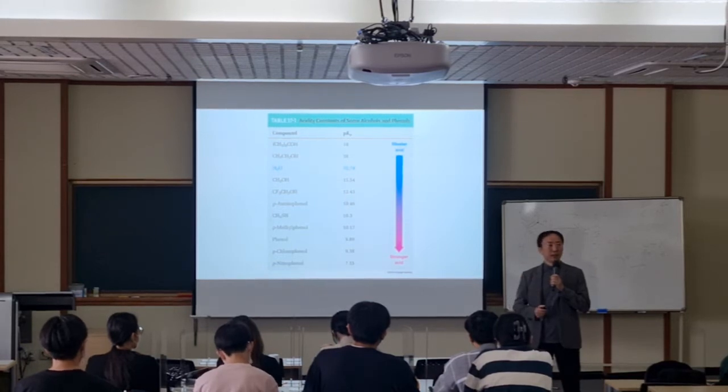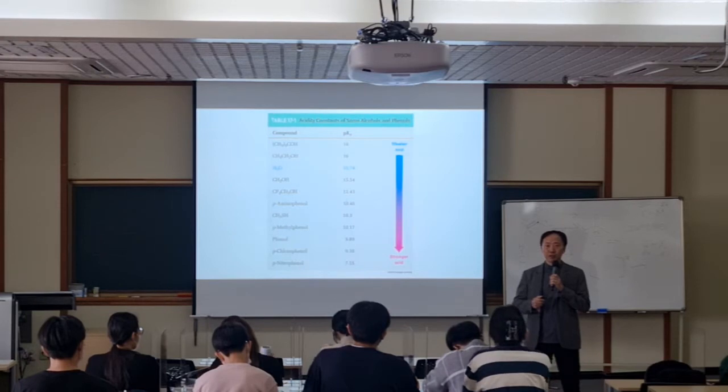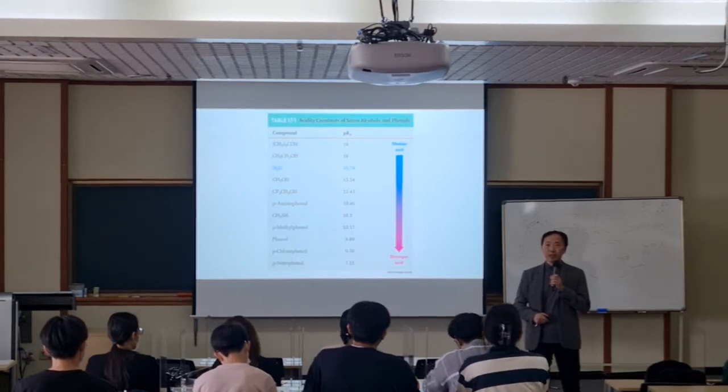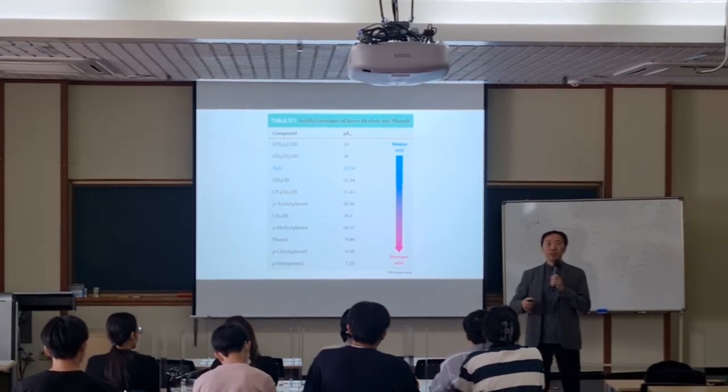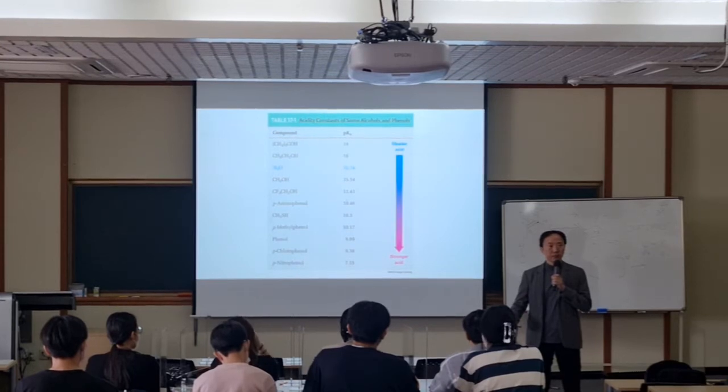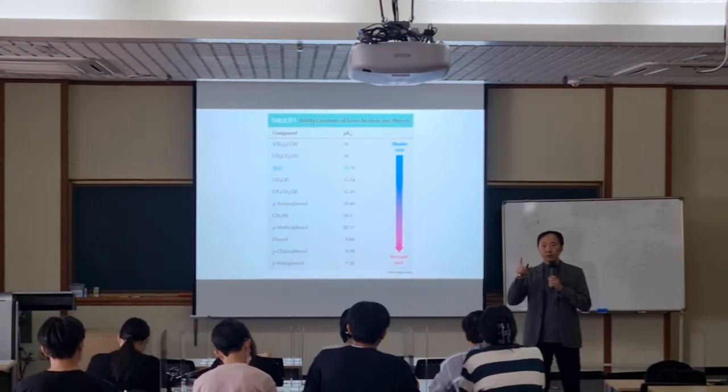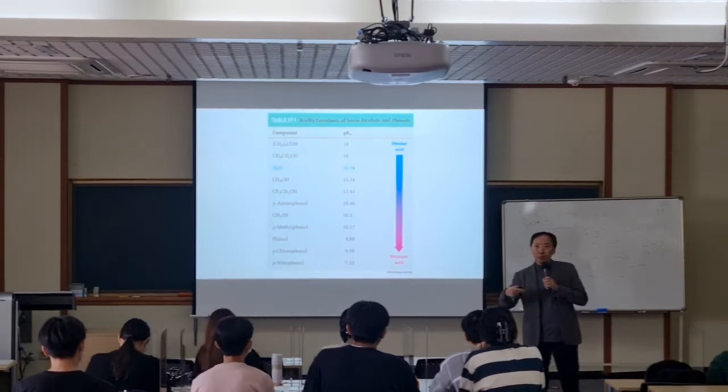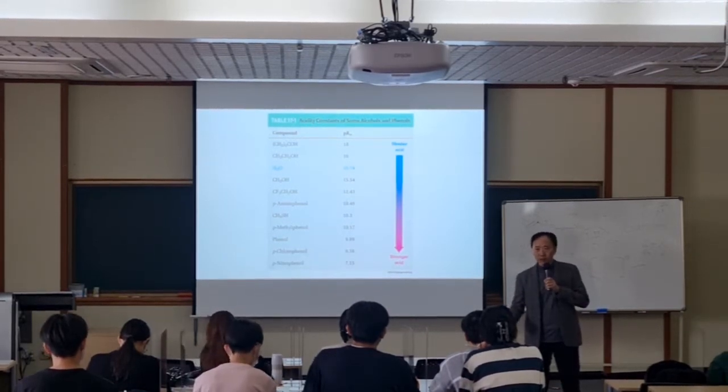pKa 6, then at pH 7, 10% of them is neutral, approximately 90% deprotonated. pKa 4, then 5, 6, 7, 1 out of 1,000 stays neutral, and the other 99.9% donate the proton.